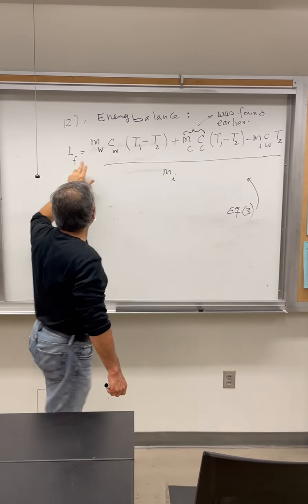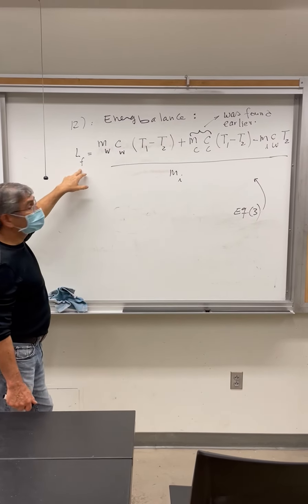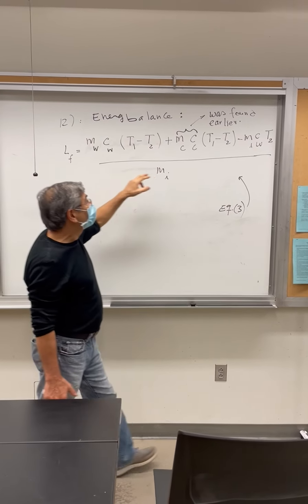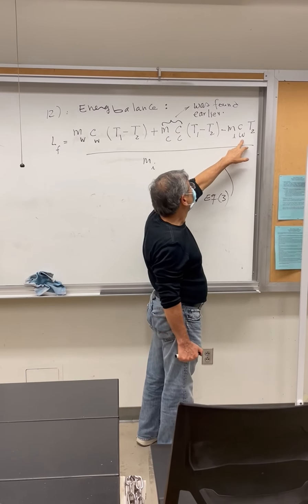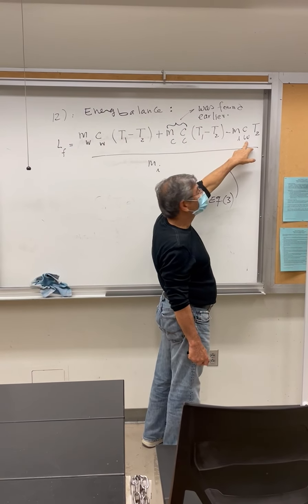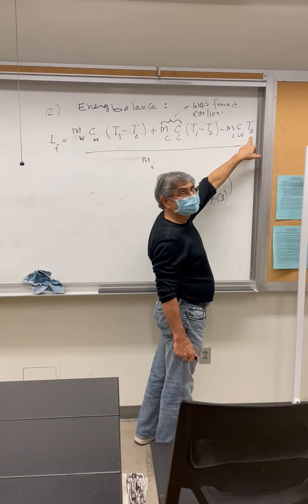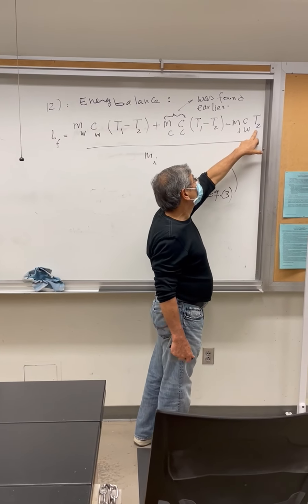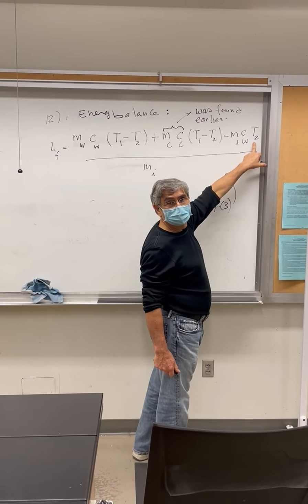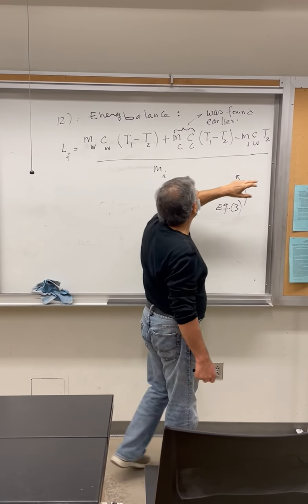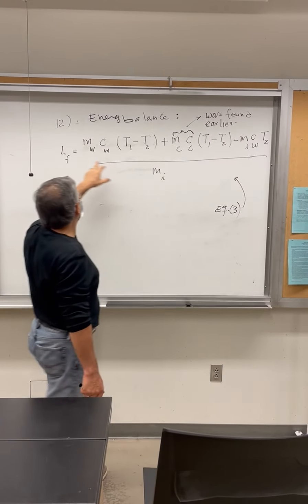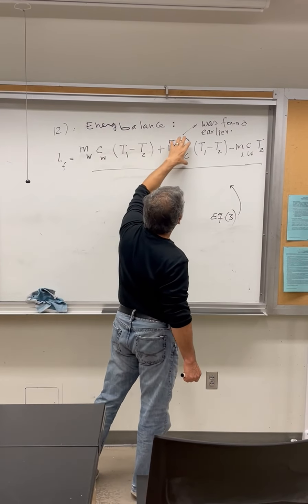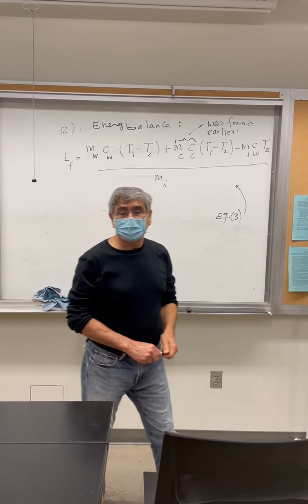Okay, ice first, mass of the ice times LF, that's first ice melts down, so it absorbs so much heat, and then when it becomes water, this much mass times C of water times basically T2 minus 0, because initially ice was at 0 degrees, finally it is at T2, the temperature of the equilibrium, and so that is this part plus this times that is the amount of heat gained, and this part is the amount of heat that water and calorimeter lost.